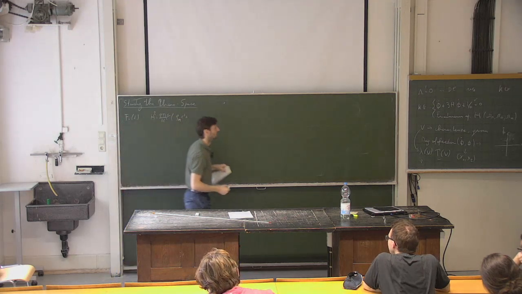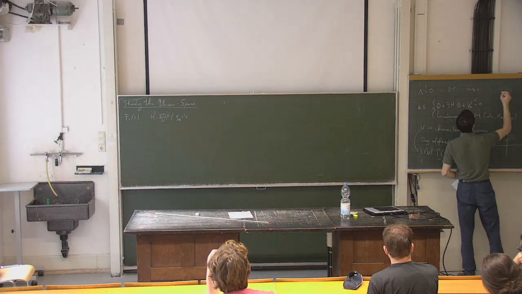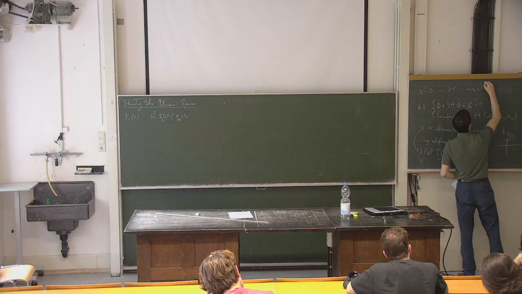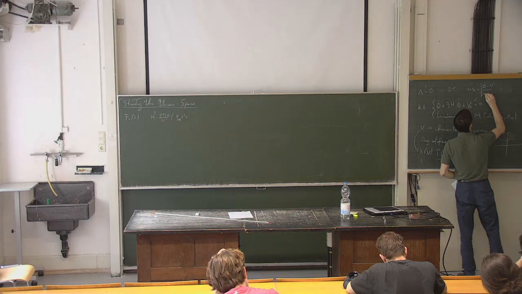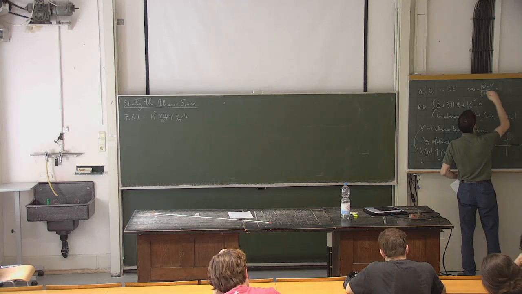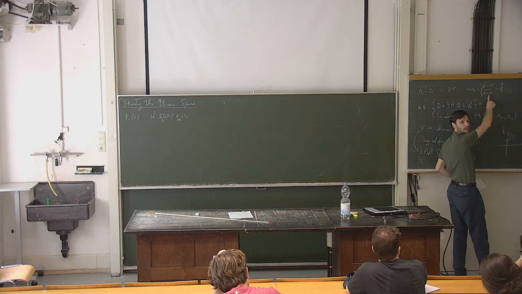Remember, the equation of state is w equal to 1/2 phi dot squared minus V, divided by 1/2 phi dot squared plus V. By definition, this is the pressure term and this is the density.